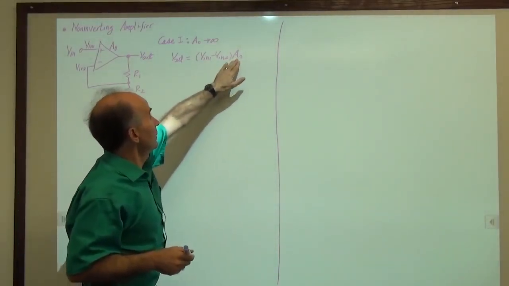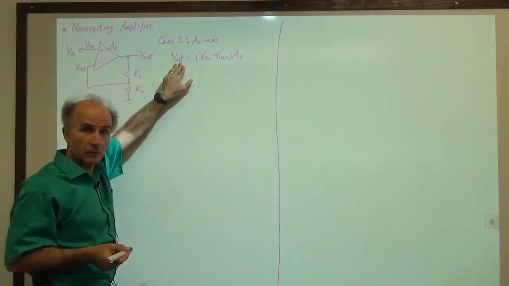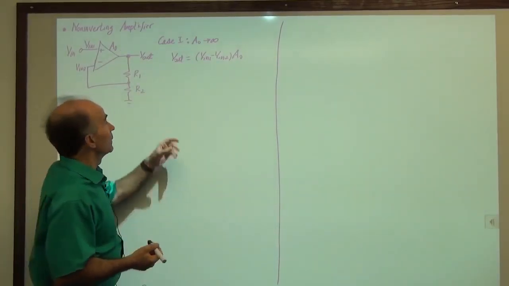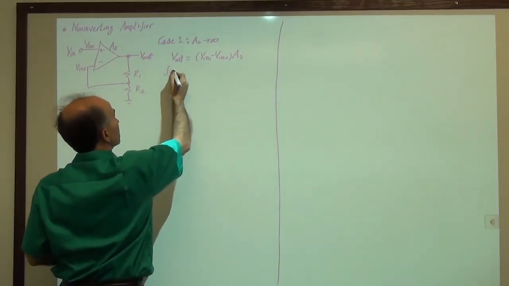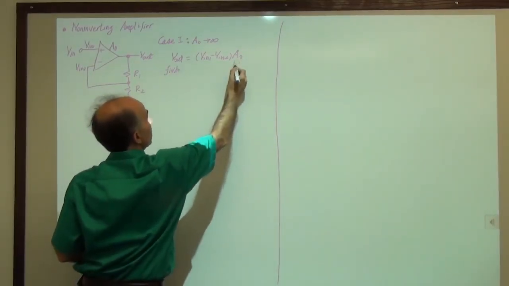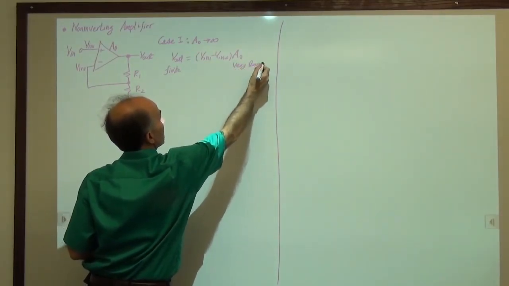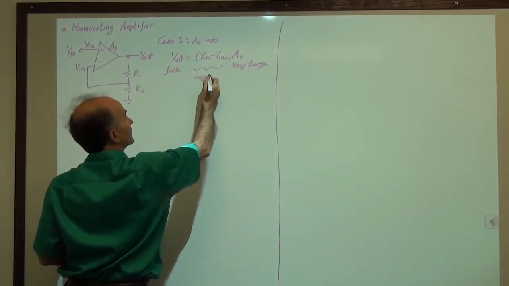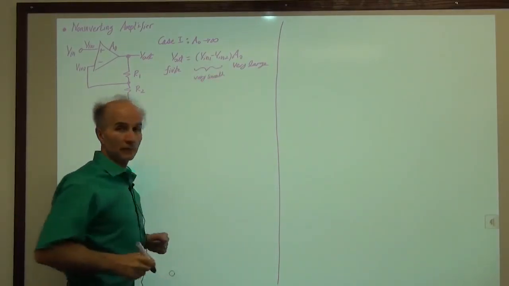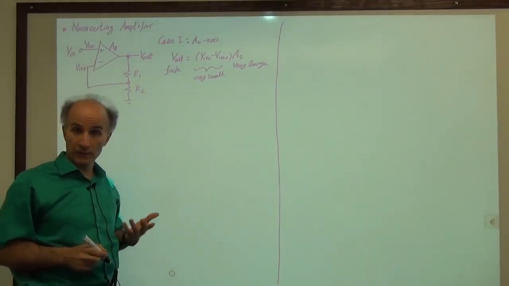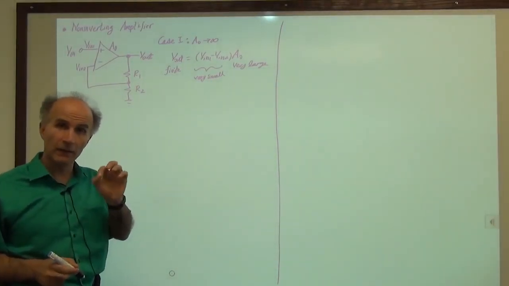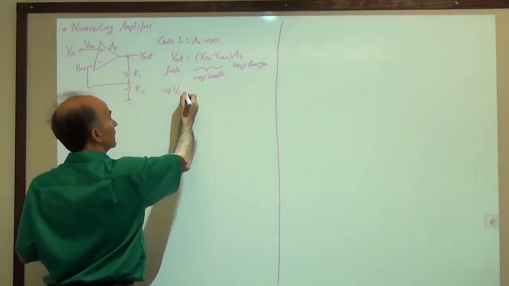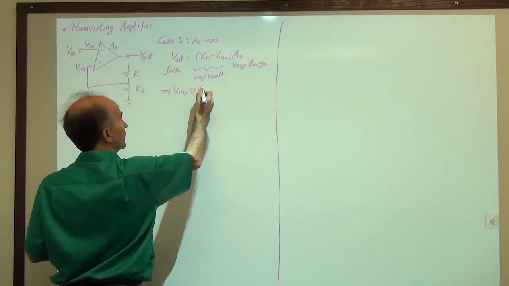Now, if A0 is very high and V out is not, we're using this in a reasonable application with some moderate voltage swings. So this is finite. This is very large. So what we get is that this has to be very small. Okay? So if it's so small, I can say that V in 1 and V in 2 are approximately equal. So that means V in 1 is approximately equal to V in 2.